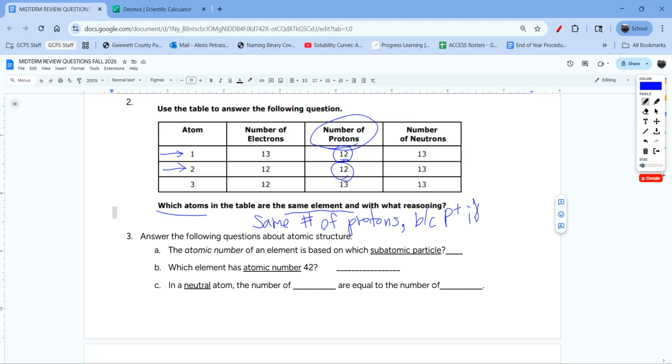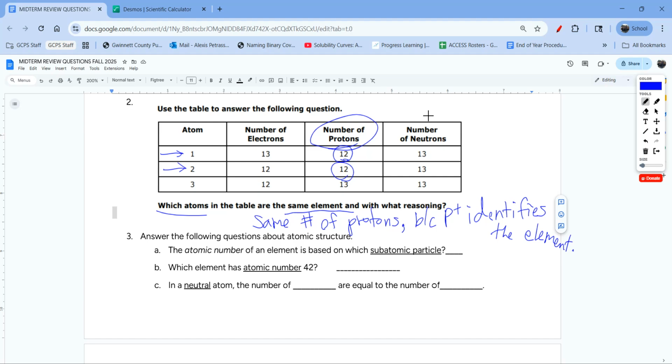Proton identifies the element. Proton is the identity of the element.